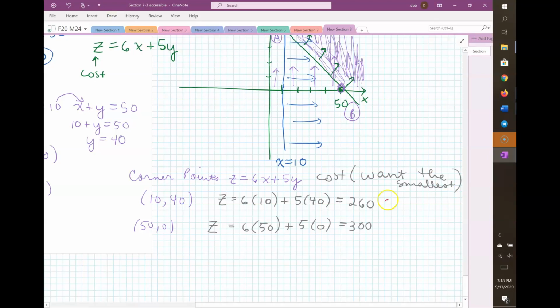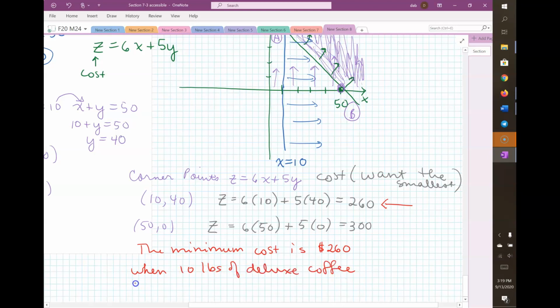So the minimum cost is $260 when 10 pounds of deluxe is blended with 40 pounds of regular coffee.